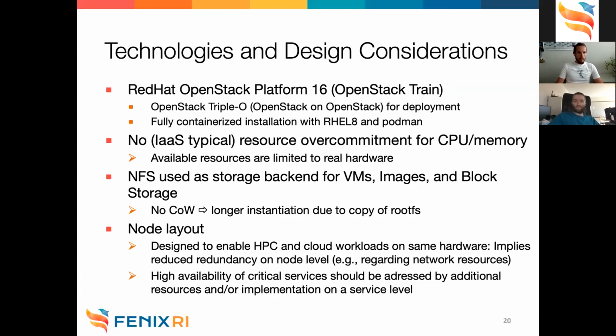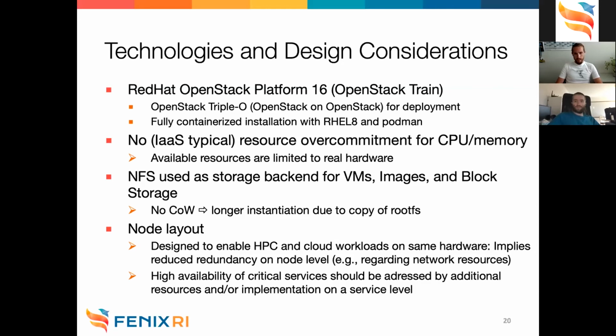The node layout. What JUSUF provides is a mixture of cluster and cloud resources. Due to that, and as you have seen, the prime contractor was Atos. They are very good at providing an HPC cluster, but it looks like cloud workloads are not their main focus. And of course, we designed the system in a generic way so that it can provide both workloads.